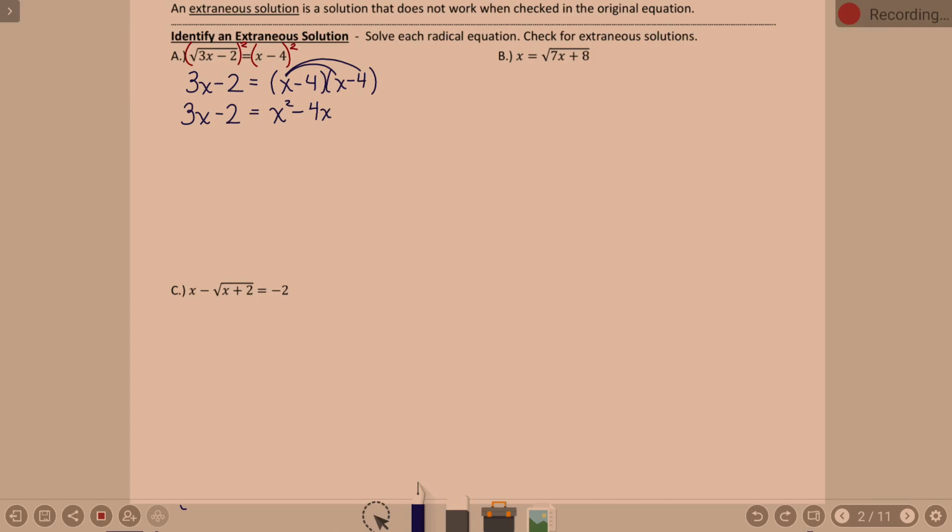There's your outsides. Insides, minus 4 times x is minus 4x. And then minus 4 times minus 4 is plus 16. So if you clean that up, you have x squared minus 8x plus 16. So I have 3x minus 2 equals x squared minus 8x plus 16.